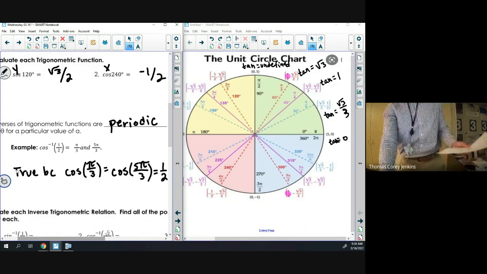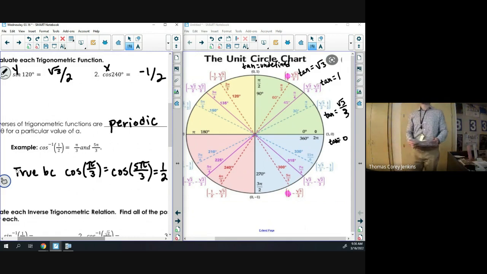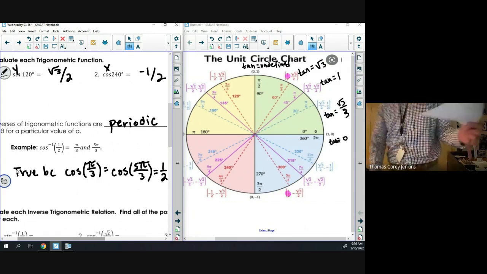Okay, so that's what we're saying. So again, it's really the same thing we normally do with the unit circle, except now we're just looking for our output as the angle measure. Okay, and you could say pi over 3, 5 pi over 3, or you could use 60 and 300. Right? Those mean the same thing.